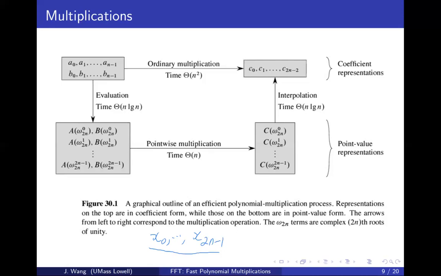Okay, so now this diagram gives a relationship between coefficient representations and point value representations. These are the points we choose carefully rather than arbitrary points.